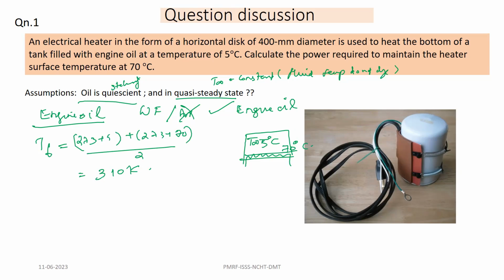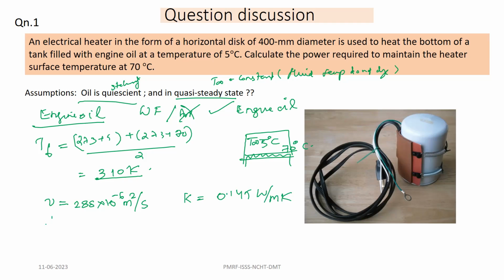And for 310 Kelvin for engine oil, from the heat and mass transfer data book, you can get the values. Nu, the kinematic viscosity, is 288 into 10 raised to minus 6 meter square per second. K is equal to 0.145 watt per meter Kelvin.